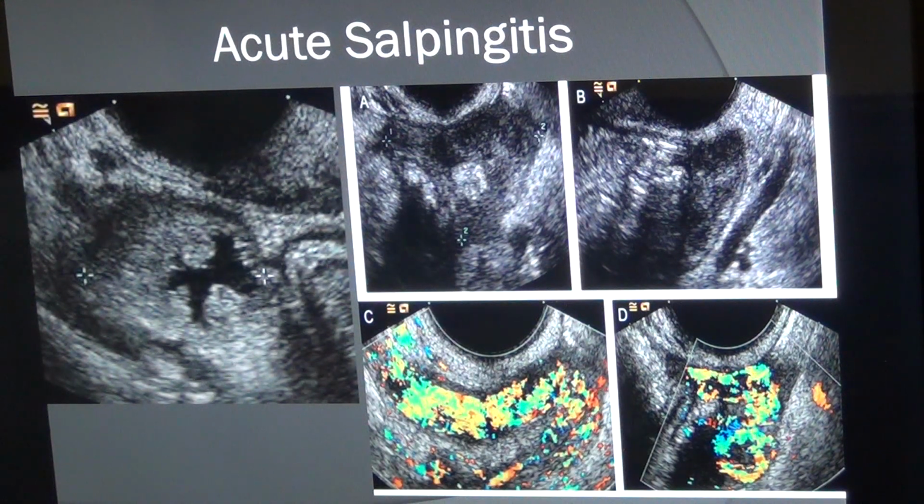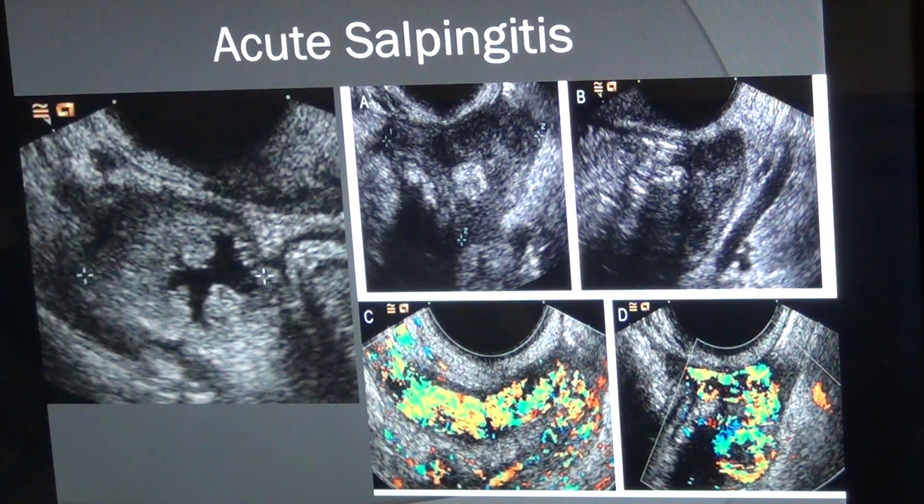And when it is inflamed, there are many causes. Most of the cause of acute salpingitis is STD. STD means sexually transmitted disease. And other than this, there could be other bacteria and obstruction.